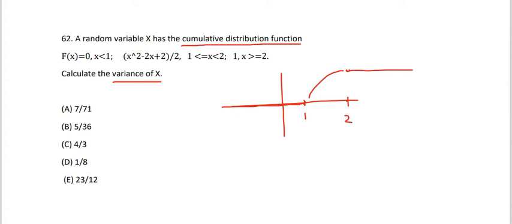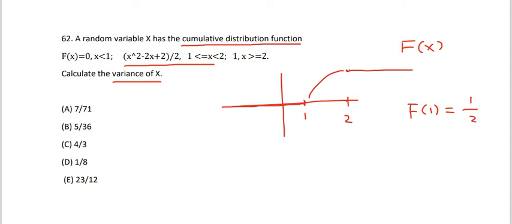When x equals 1, what is F(1)? According to here, we plug in x equals 1, and we find this equals one half.